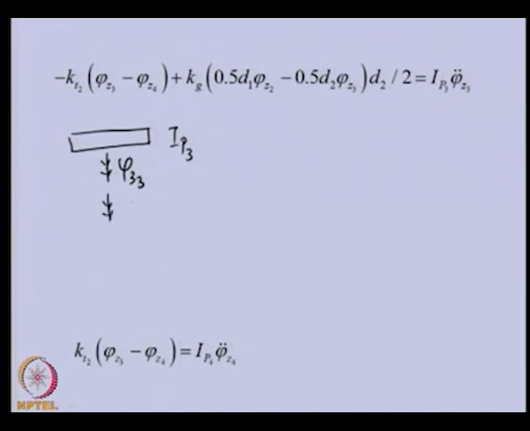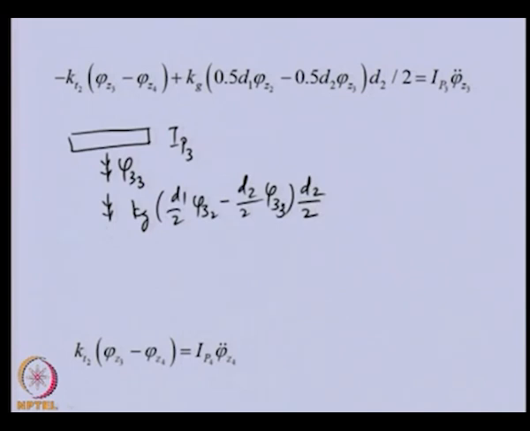From the linear spring at the contact point, we will get this particular torque. This term is the force. Now, for torque we need to multiply by d2 by 2. Earlier we multiplied by d1 by 2, now we multiply by d2 by 2.